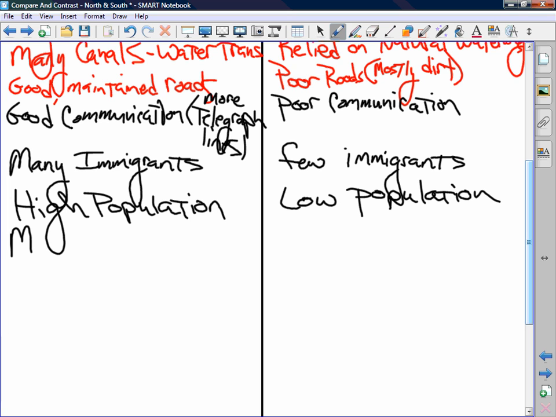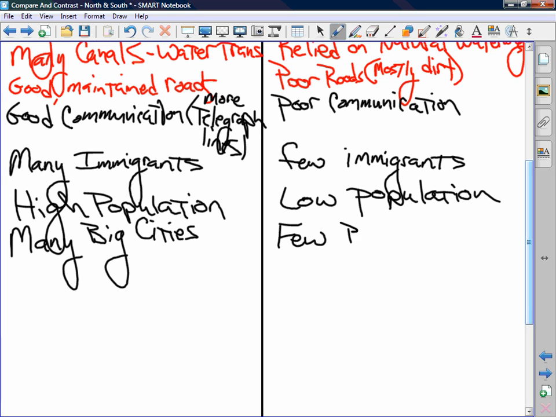In the north, there were many big cities. Notice how you can draw that information, even though it wasn't specifically mentioned. You can follow the train of thought. There were many big cities in the north, where in the south there were few big cities. Because most of the people were out in the country. Remember the rural poor?